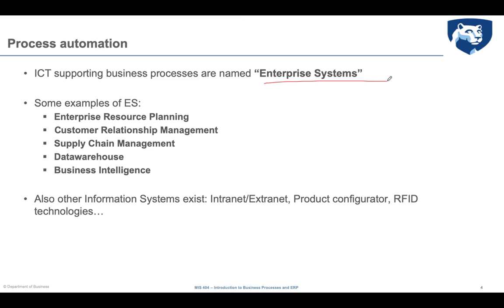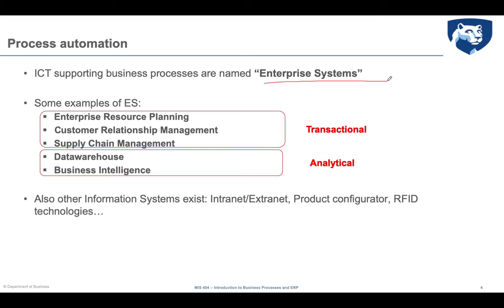ERP, CRM, and supply chain management are examples of what we can call transactional systems, which means that they record and support the execution of transaction processes, while data warehouse and business intelligence are examples of what we can call analytical systems, which support decision making about business process execution.